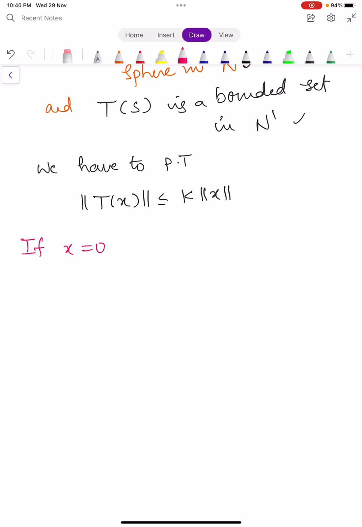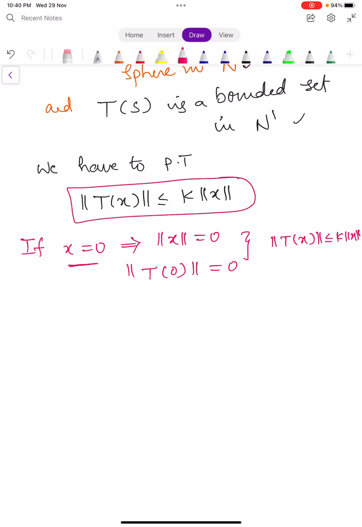If X equals 0, then there is nothing to prove because norm X is 0 and norm T of 0 is also 0. So obviously the condition holds, and whenever X equals 0, the condition is trivially true.